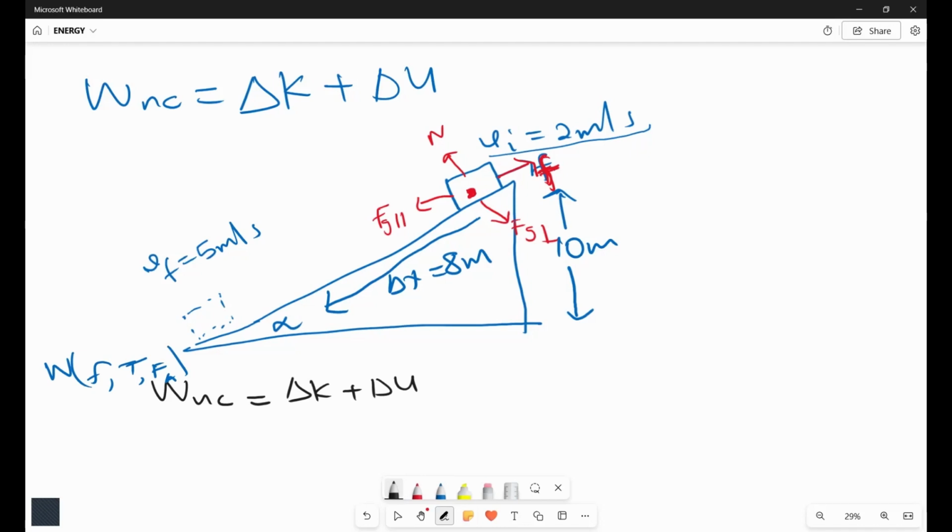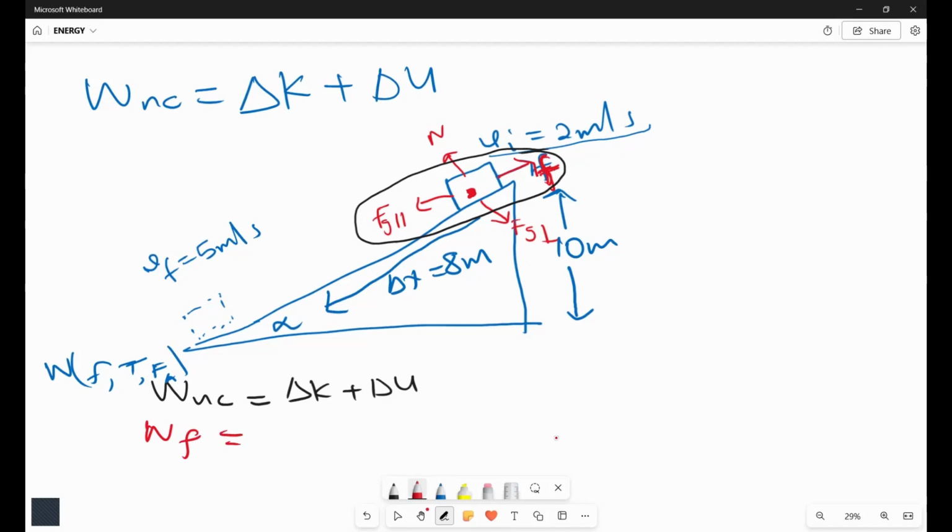Now my parallel components there are Fg parallel as well as friction. But can I include Fg parallel here? No. Why? Because Fg is a conservative force, therefore it will not be included here. The only thing you will include here is the work done by friction.